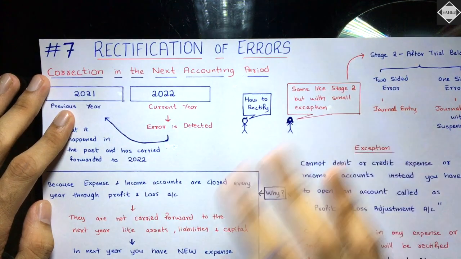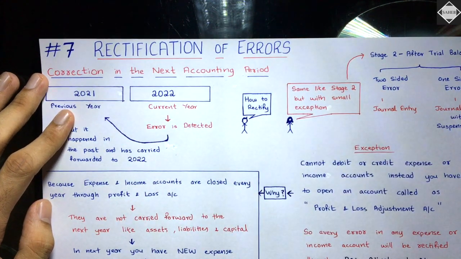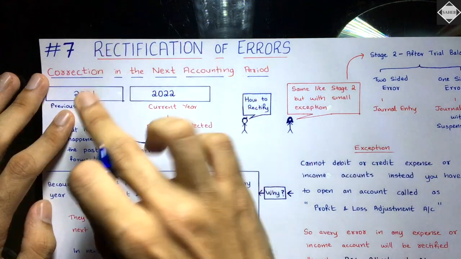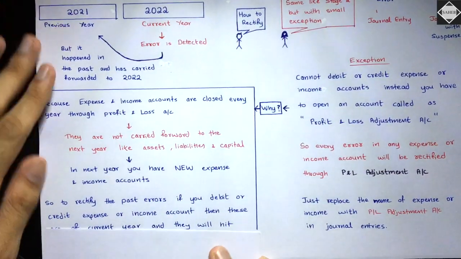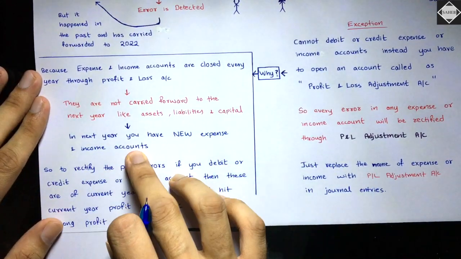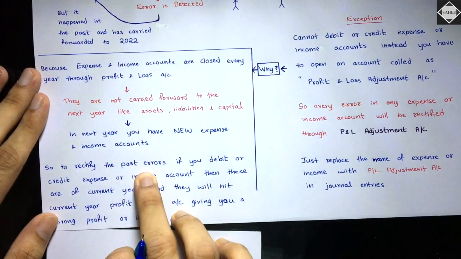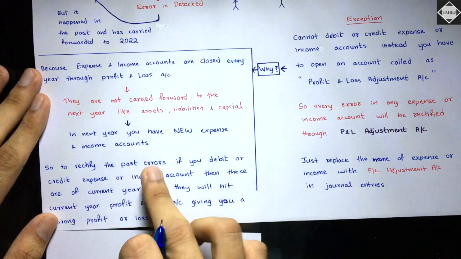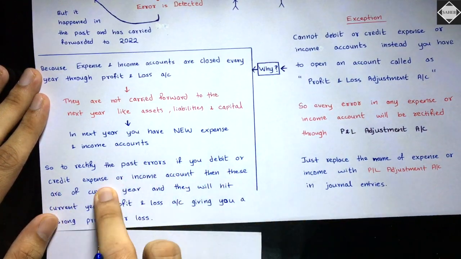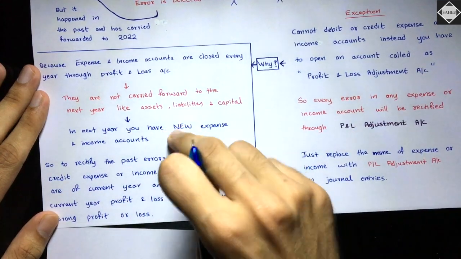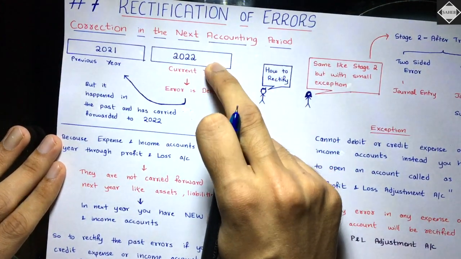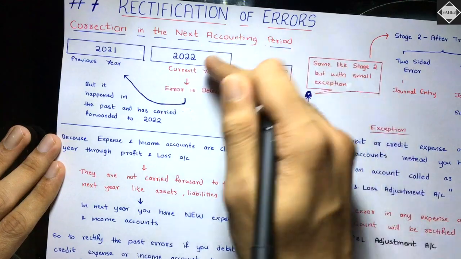But that's not the case with income and expense accounts. The salary account will be completely finished over here and a new salary account will be there over here. Clear? Easy. So in the next year you have new expense and income accounts. So to rectify past errors, prior period errors, if you debit or credit an expense or income account, these are of the current year. You will have new expense or income accounts over here.